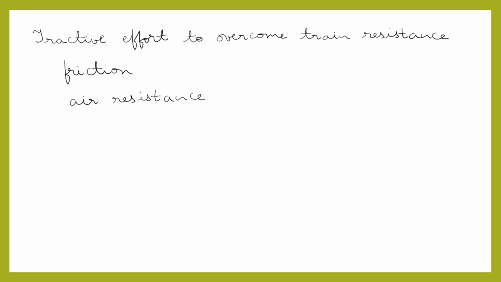So the resistance to the train movement depends upon the shape and size of the rolling stock, condition of the track, and direction and velocity of the wind. Normally the value of this train resistance is between 40 to 70 Newton per ton.